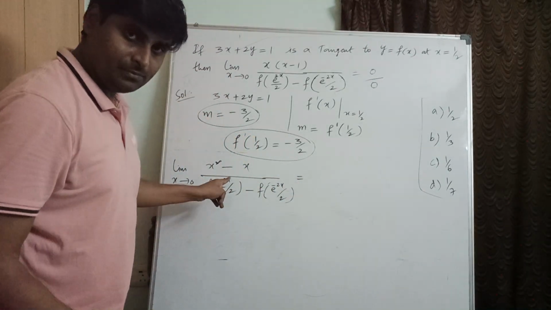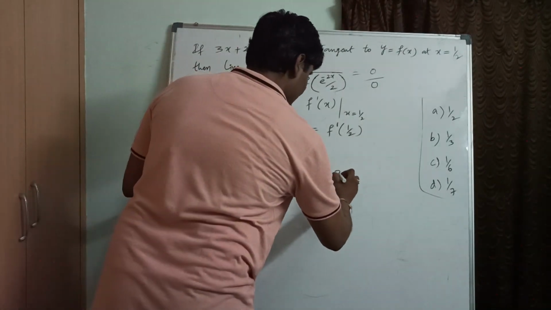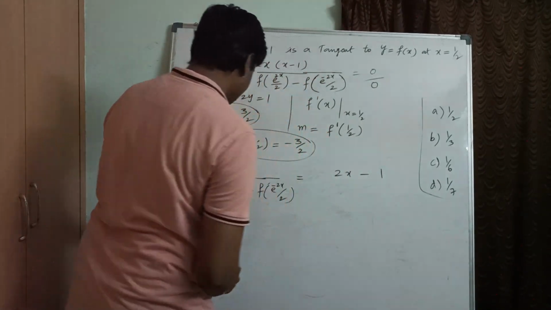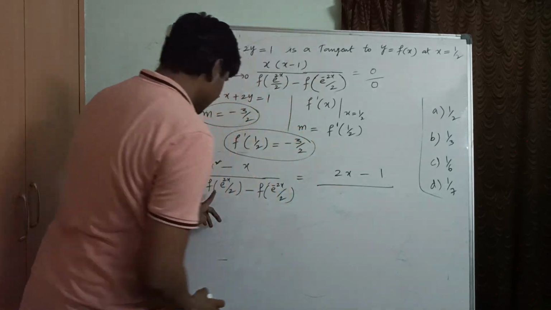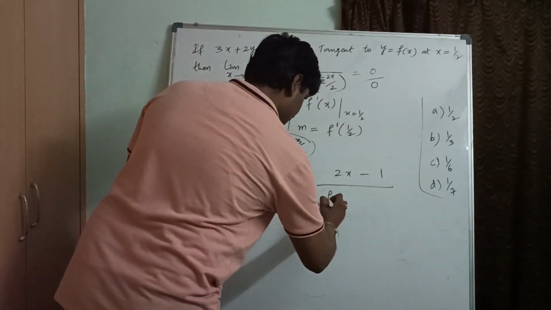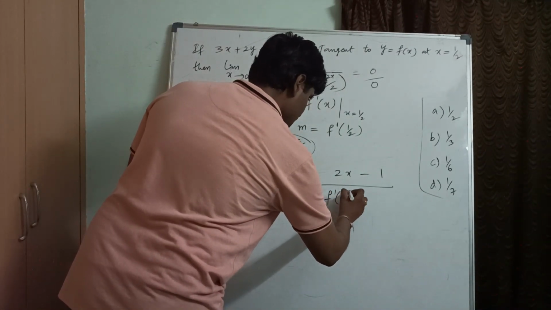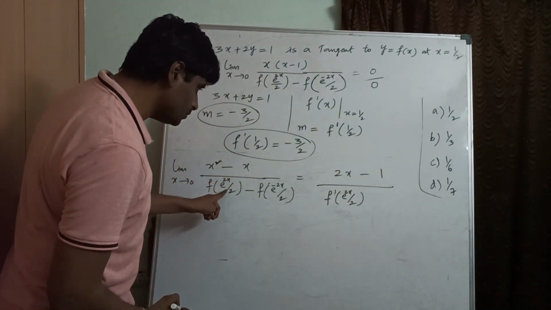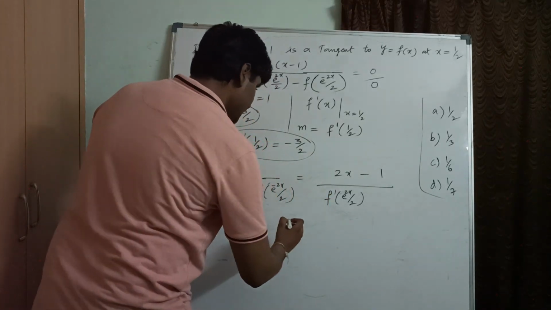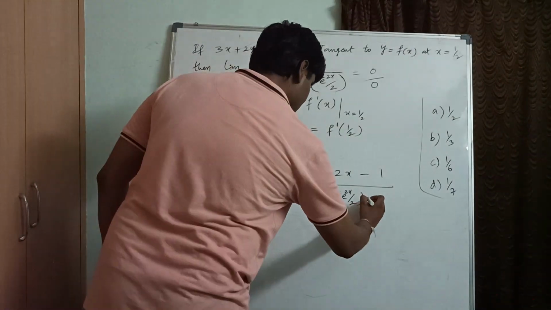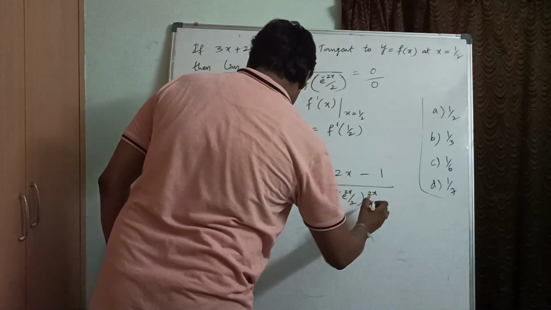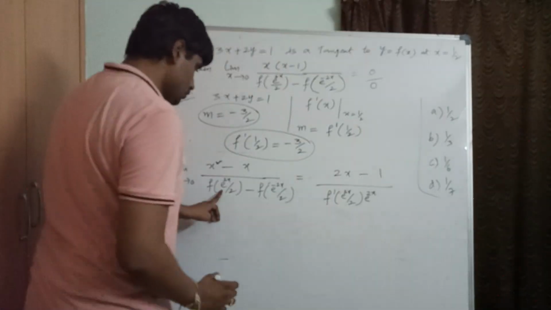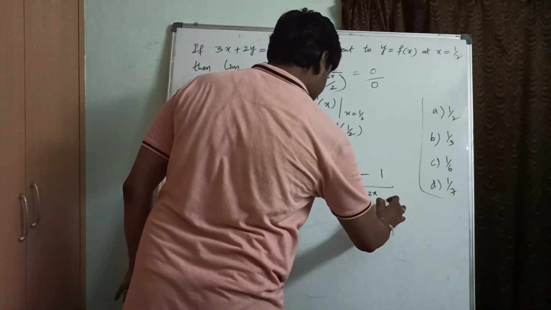Now apply L'Hôpital's rule. We'll differentiate x², which gives 2x, minus the derivative of x, which is 1. In the denominator, the derivative of f of something is f dash of the same thing, times the derivative of e^(2x)/2. What do you get? So here e^(2x), and the 2 gets cancelled there.